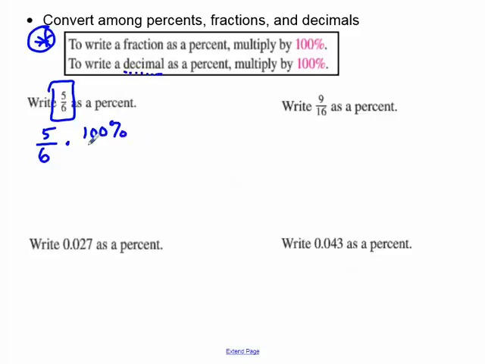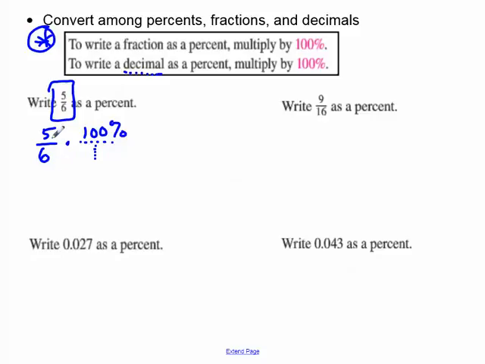That would give us a percent. And remember, this 100, we can move into fraction land, or officially make it a rational number by putting it over 1. So I've got 100% over 1.